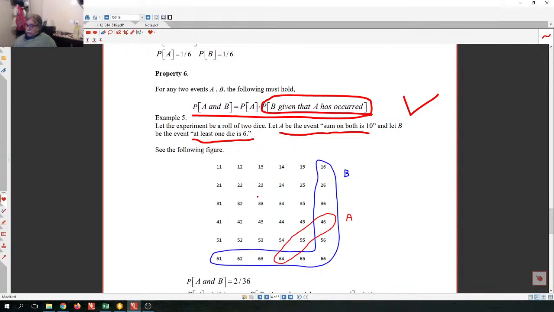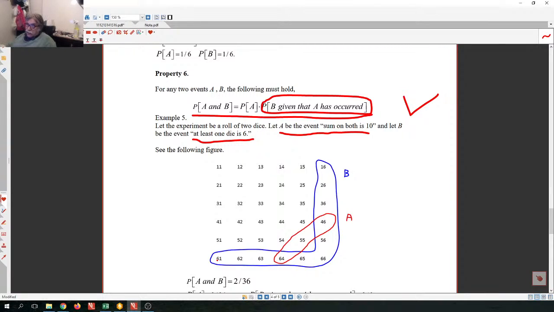And by the way, these two events are dependent. Now, if I told you that you have a sum of 10, then you know immediately there's a pretty good chance I have a 6, right? 2 out of 3. Now, if I didn't tell you that, the probability you have at least one 6 is going to be much smaller. It's going to be 11 out of 36.